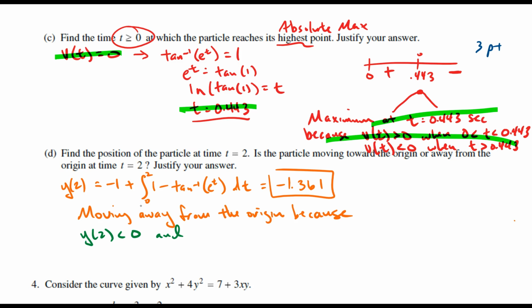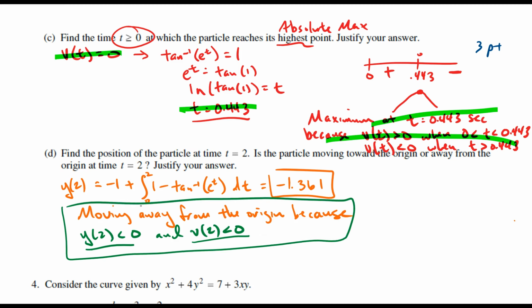We have to also look at the velocity. Well, we already know that the velocity at 2 seconds was also less than 0, so it's moving left. It's positioned left of the origin, and the velocity is negative, so it's moving further left of the origin. So it's left and it's going further left, so that tells us that it's moving away from the origin altogether.